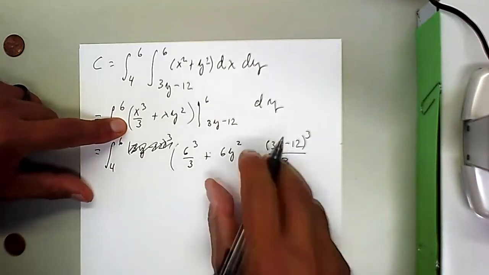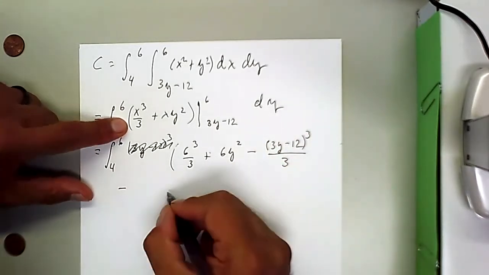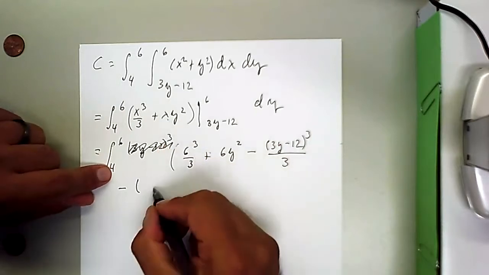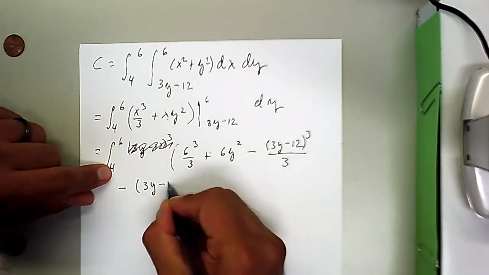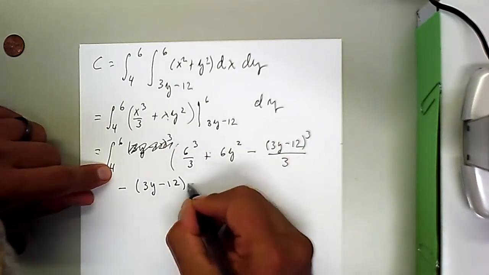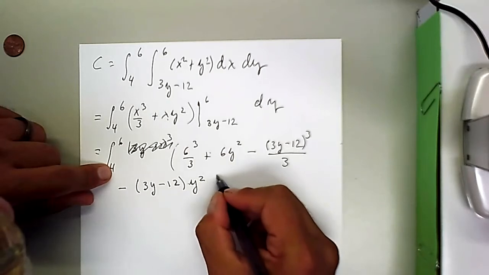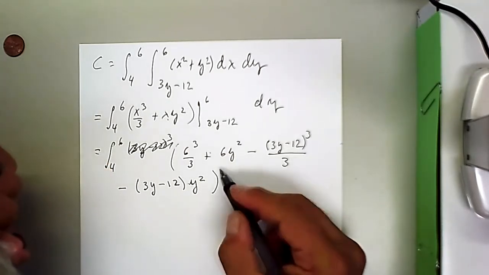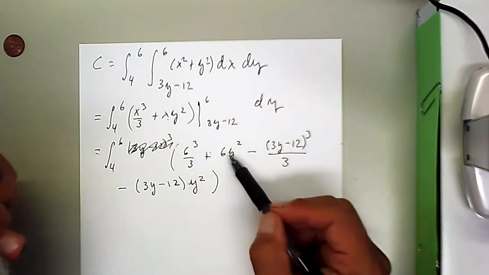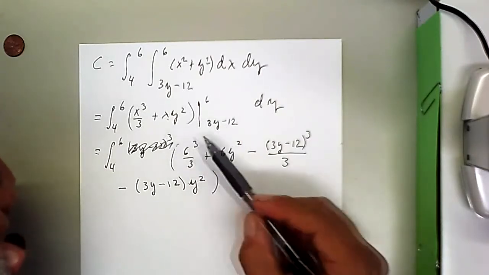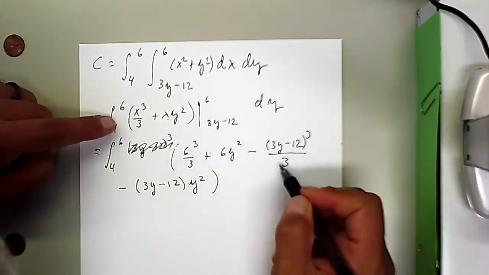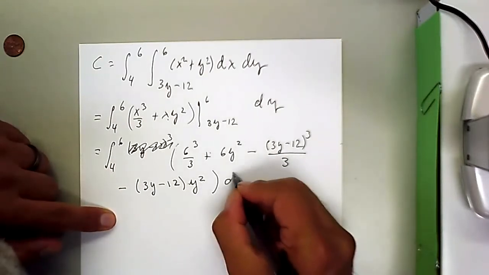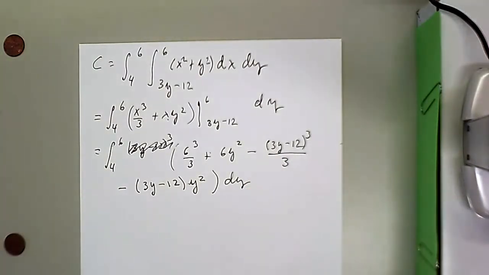And then this is getting too long for one line, minus quantity 3y minus 12, y squared. Close the big parenthesis. I'm just double checking. 6, quantity cubed over 3, quantity times y squared, yep, dy. Okay.